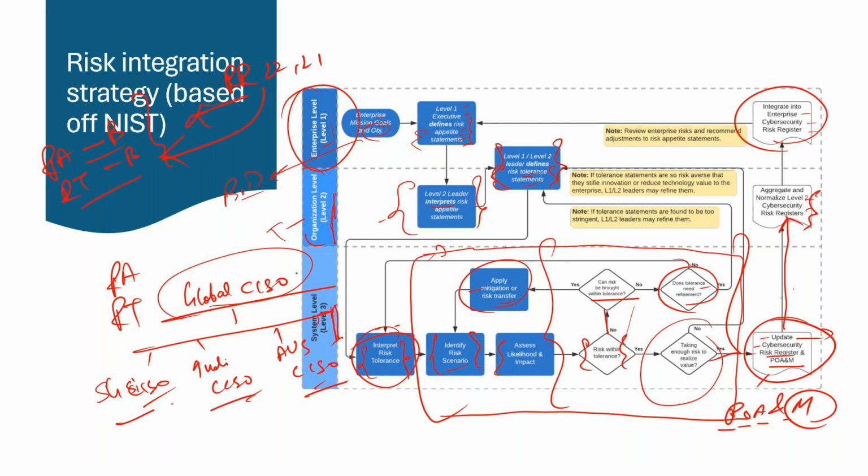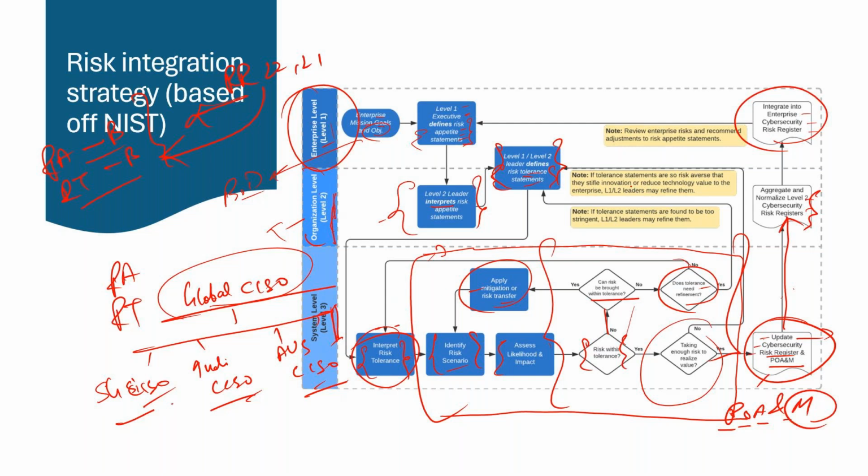In a few cases, say that we have done our assessment on the ground, because from an enterprise level, or probably from an executive level, they would not have a very detailed idea as to whatever I am defining as a risk appetite statement or a risk tolerance statement. Those statements may or may not be true when we actually start implementing the controls, when we actually go ahead and start identifying the risk, and then we realize the tolerance statement itself needs to be amended, right?